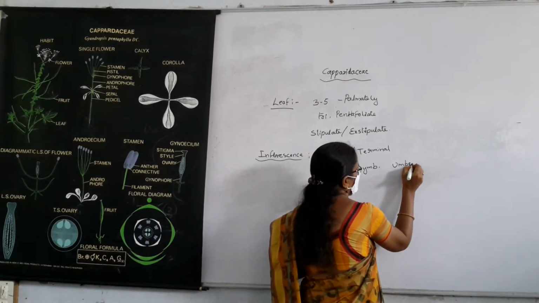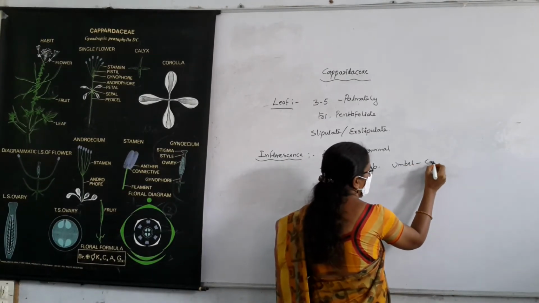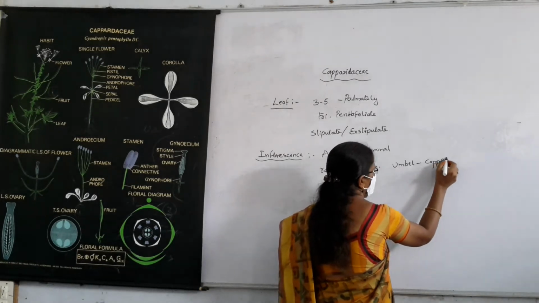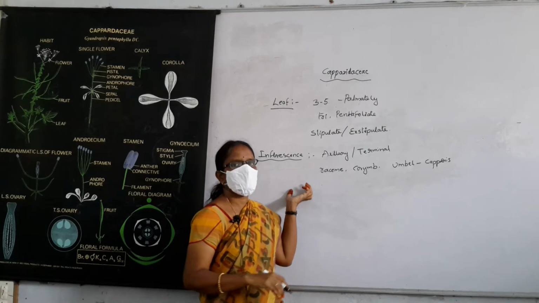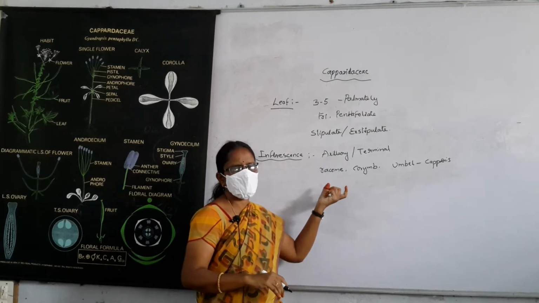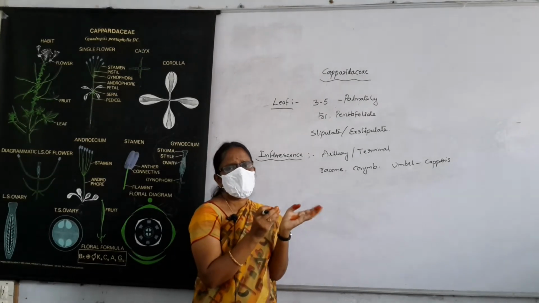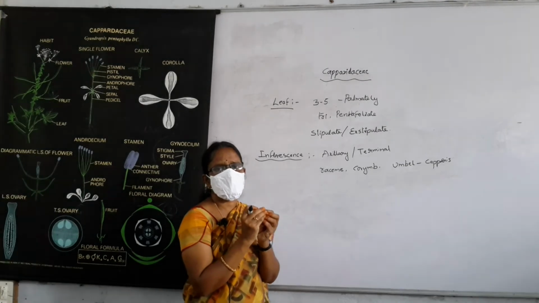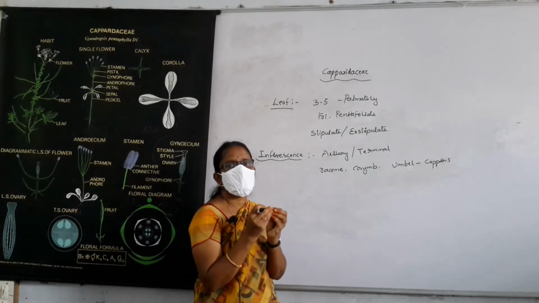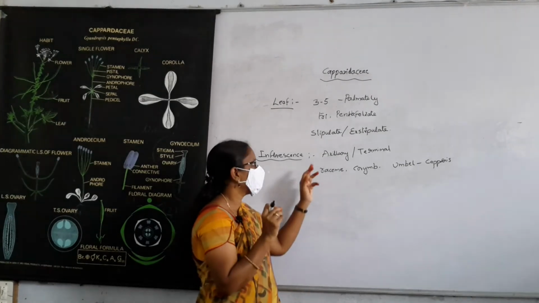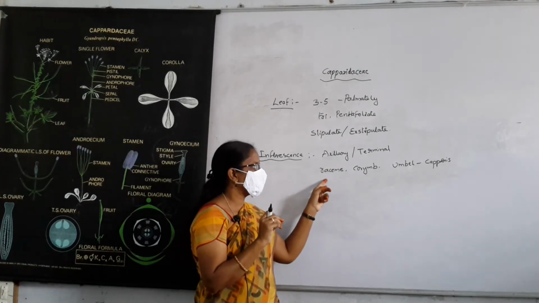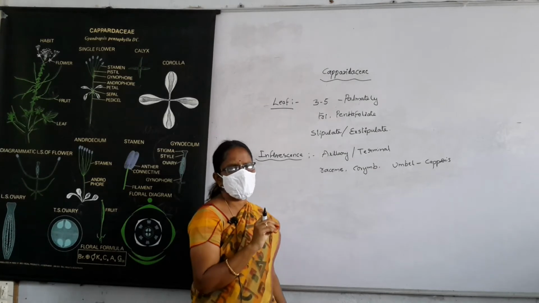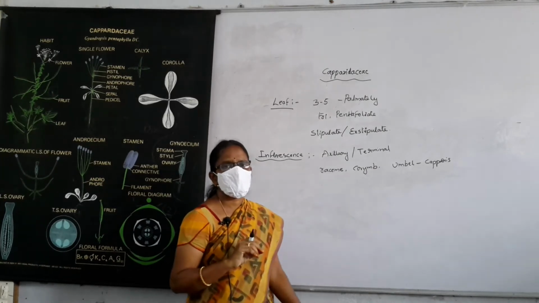Normally the inflorescence is axillary or terminal. Axillary means the flowers arise from the axils of the leaves. Normally it is a raceme or corymb inflorescence, for example Cleome viscosa.